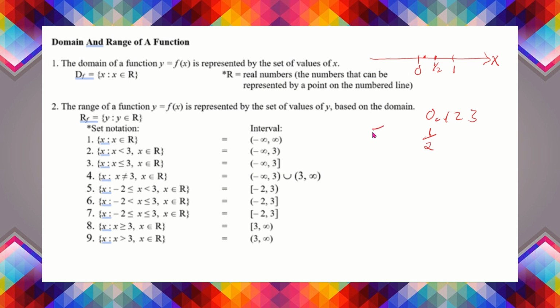For example, square root of 2 is generally 1 point something, so you can plot it somewhere here. For example, e is the number 2.718, so you can plot e somewhere here. So square root of 2 is a real number, 0.123 is a real number, 1/2 is a real number, e is a real number, where you are able to plot a point on the number line.